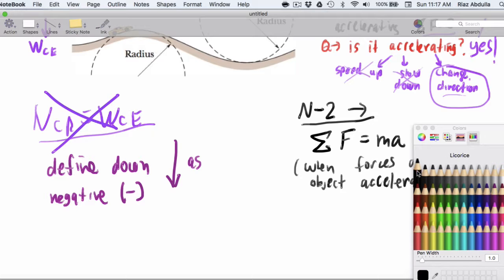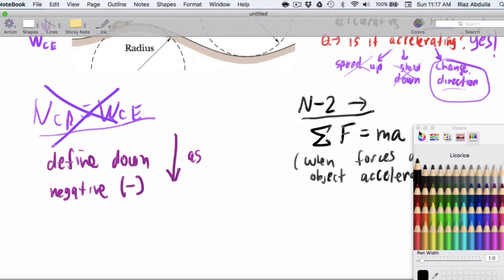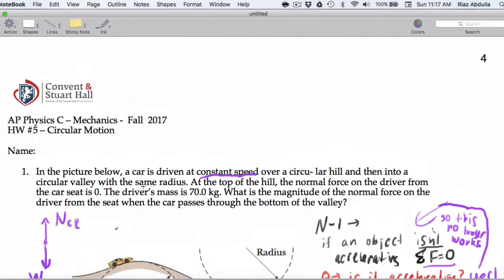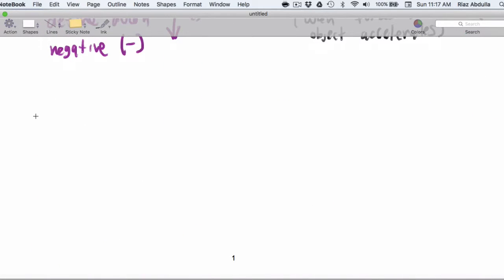And so let's go ahead and set up Newton's second law for a car at the top of the hill. So at the top of the hill, here's the car. And here's the idea. I have the weight of the car due to the earth. And this is the left side of the illustration. And I have the normal force on the car due to the road.